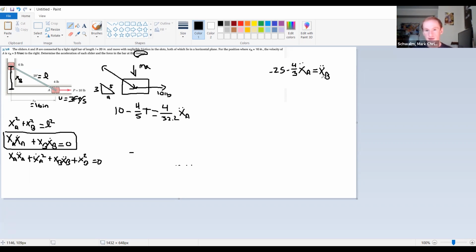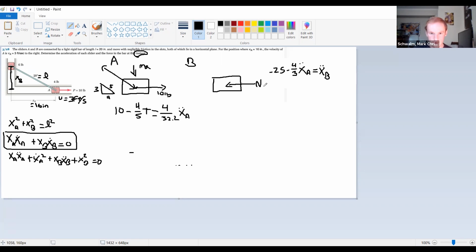So we have two unknowns here that we can't solve for yet. So let's go ahead and do the free body diagram for block B in general. So now we got block B. I'll label this one A. This is A. That's block B. Okay. So what do we got here?